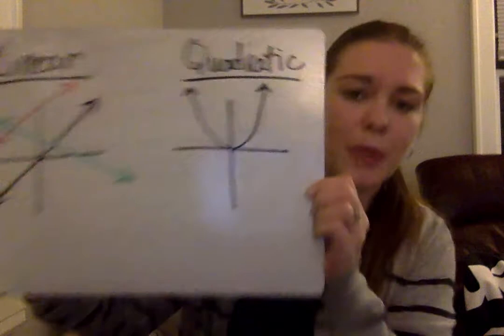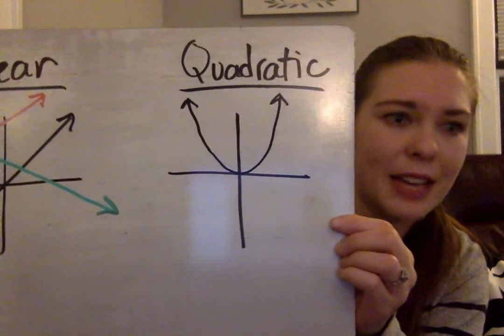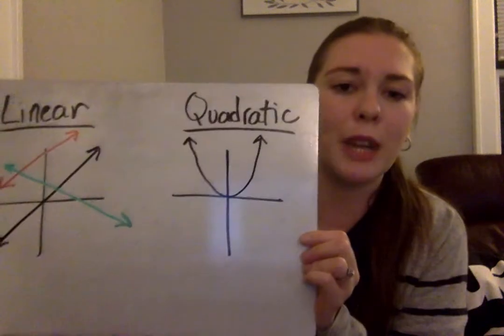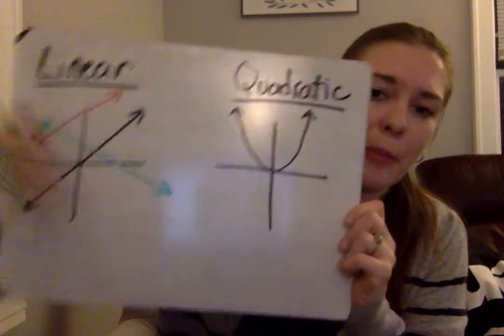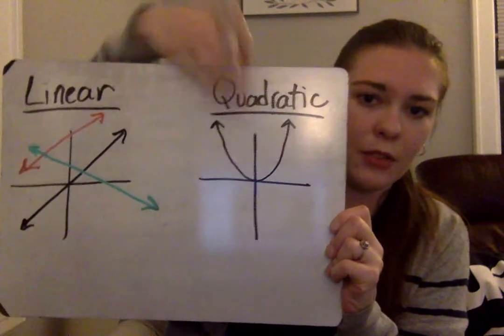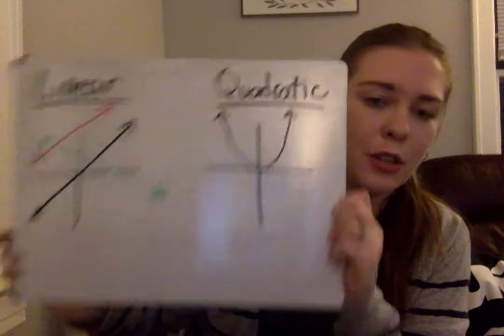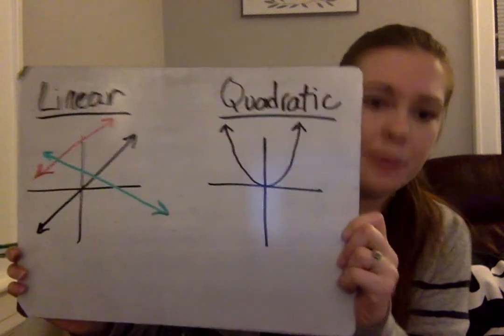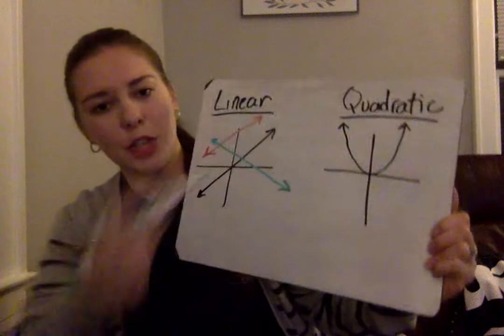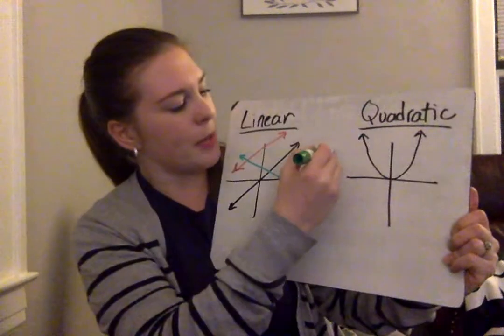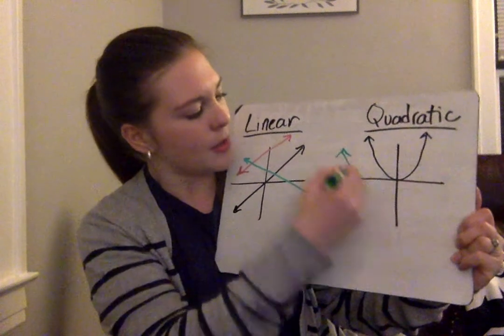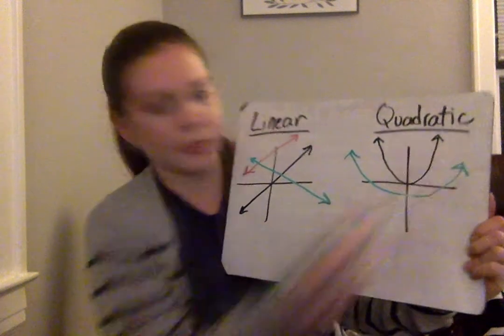Let's move on to quadratic. These are what we looked at a lot last unit. Remember, a quadratic is a smile or a frown. So here we have our parent function of a quadratic. That's the original parent function here. But we could change this a little bit and still be part of the quadratic family. So maybe we make our smile a little wider here.